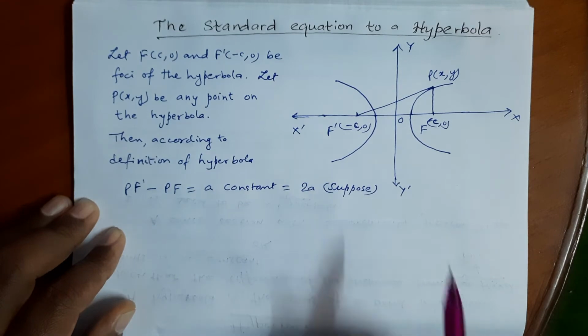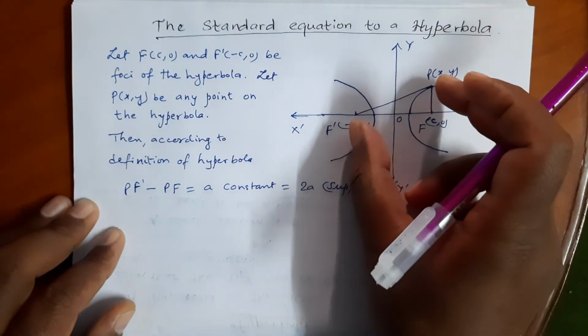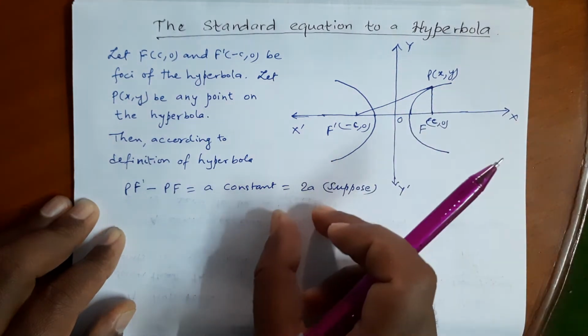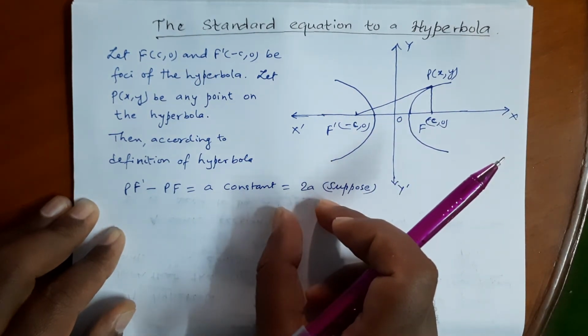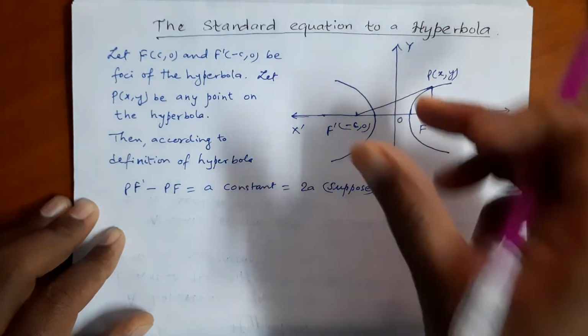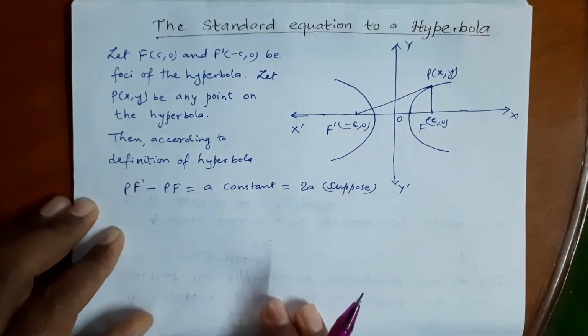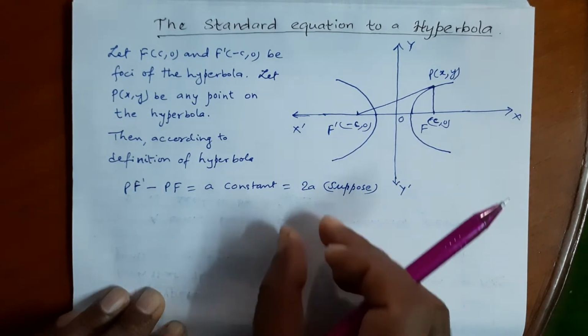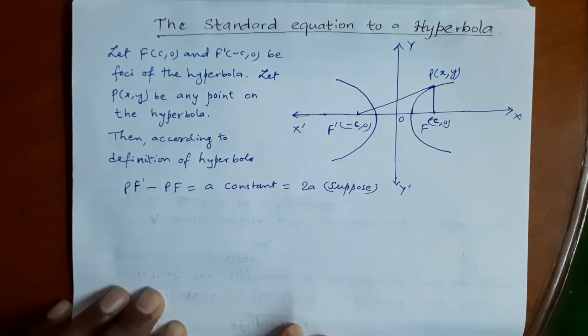If PF' is bigger than PF, then PF' minus PF equals 2a, and if PF is bigger than PF', then PF minus PF' equals 2a. Accordingly we write the difference.